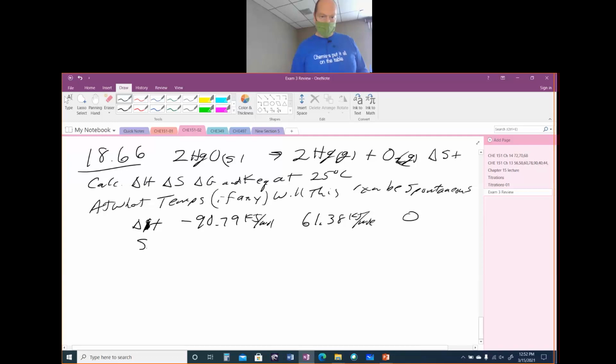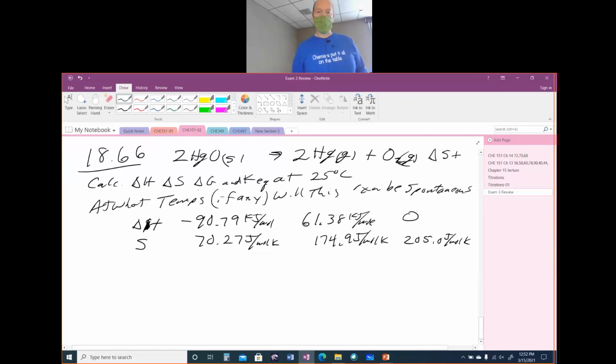When we look up our S values for HgO, it is 70.27. And now that is in joules per mole Kelvin. All right, and then for mercury gas, it is 174.9 joules per mole Kelvin. And then for the oxygen, it was 205.0 joules per mole Kelvin.